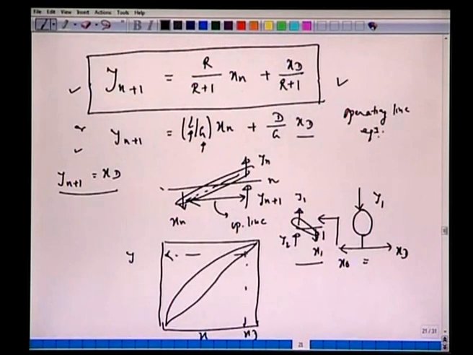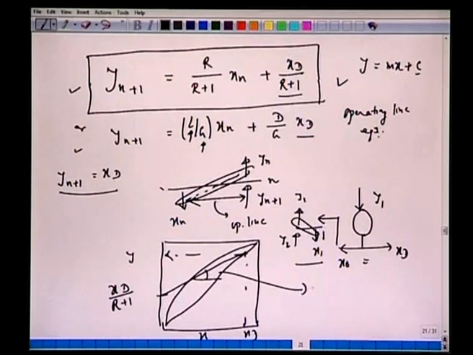In other words, it's the equation of a straight line, y = mx + c, where c is the intercept. If you take the intercept at x_D over R plus 1 and connect with this point, you should be able to convince yourself that the slope m is R over R plus 1.